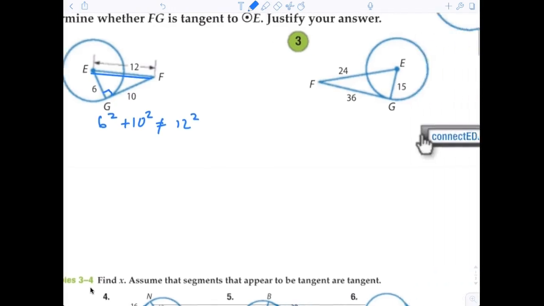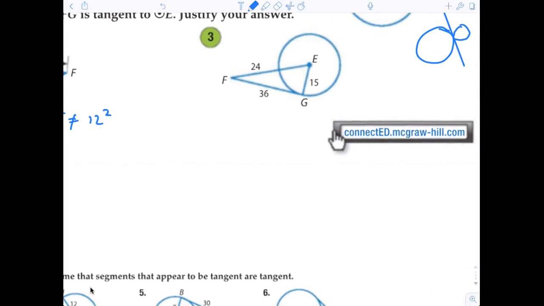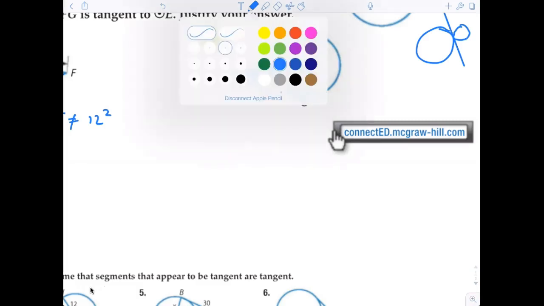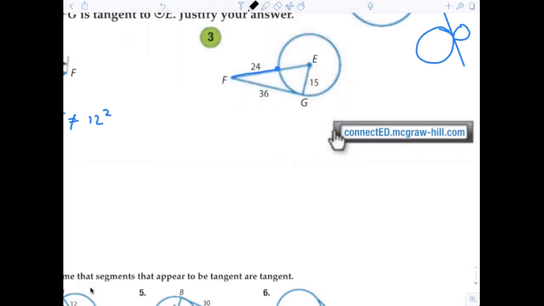So over here, on the other hand, it looks to me as if this distance they're referring to is 24. Now again, on your exams, your SAT, ACT, these are the types of things that they throw at you that can be misleading if you're not careful.